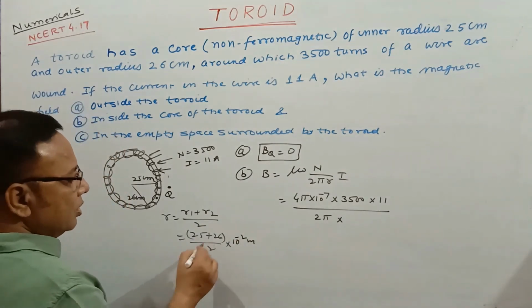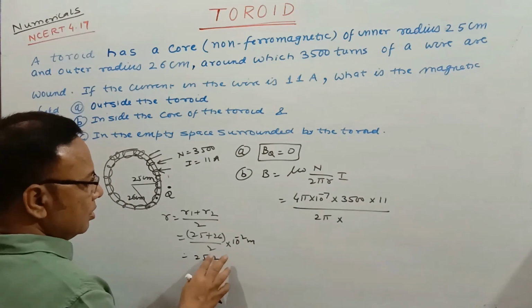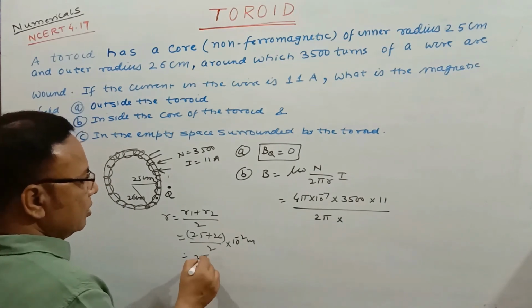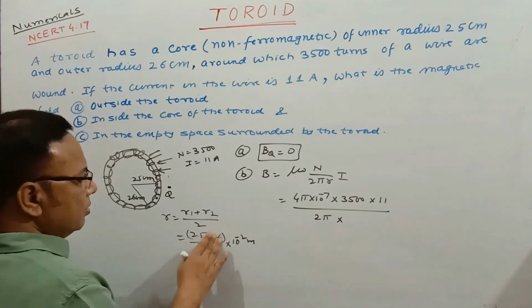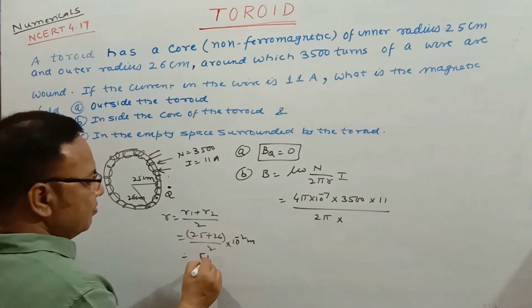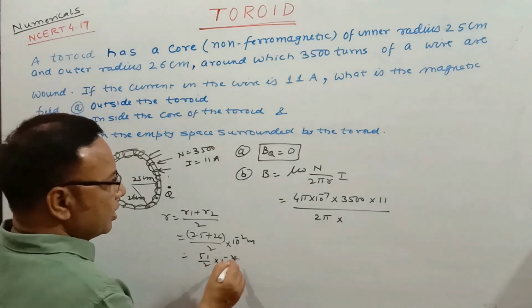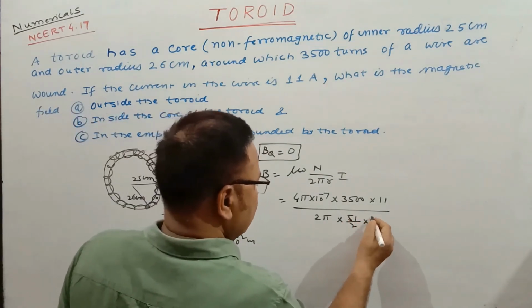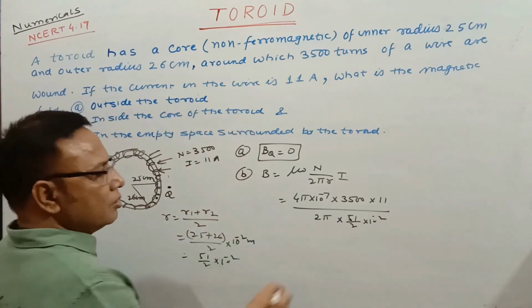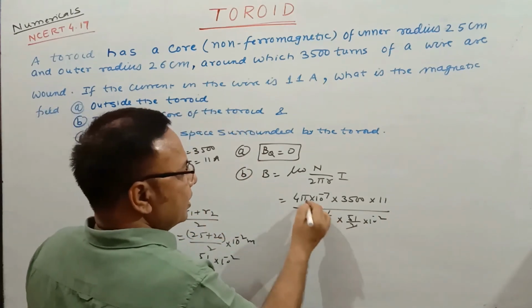That is 51 divided by 2 into 10 to the power minus 2. The 2s cancel out and pi cancels out.